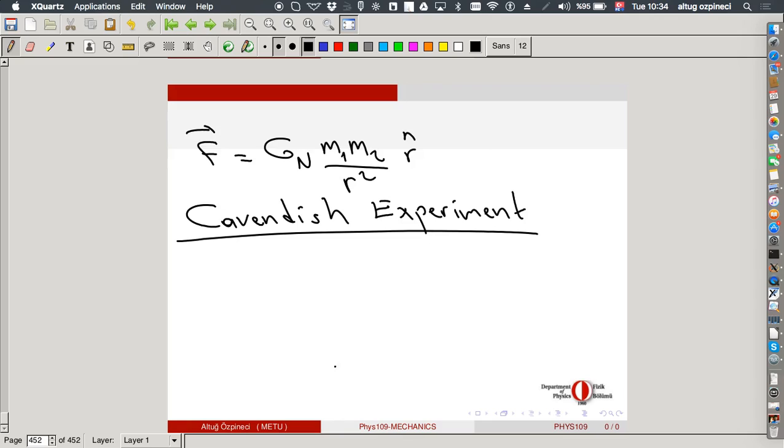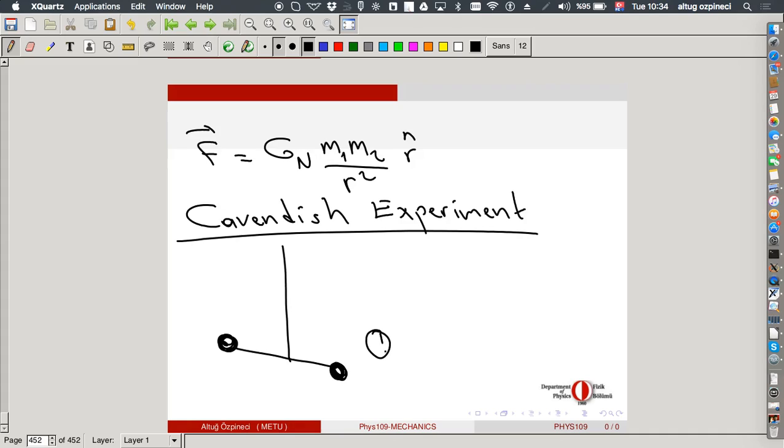So what is done in the Cavendish experiment is you take two masses to balance, connected by a beam, by a rod. This is your setup. You attach a steel string to the center so it will be balanced. You attach two masses to the endpoints of the rod, and you attach the string in the middle so that this rod can rotate freely and horizontally.